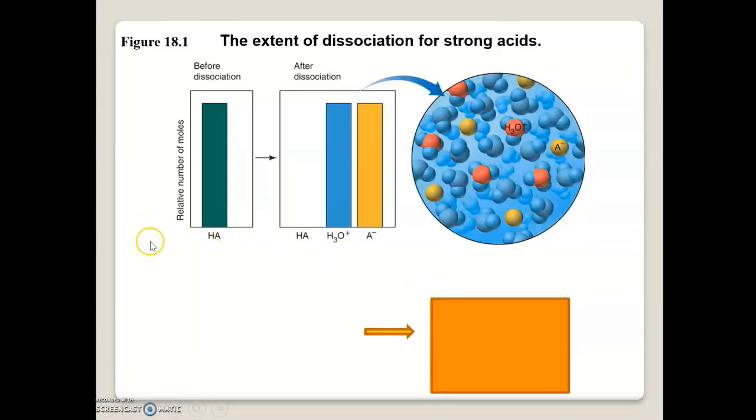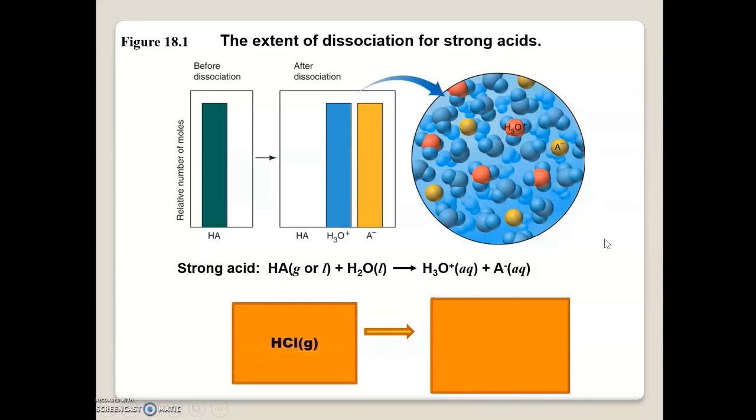If we have this example, HA, for example 100 molecules of HA, when HA undergoes dissociation, it will produce 100 ions of H3O+ and 100 ions of A-. No more HA is left after the dissociation. So that is the strong acid example.